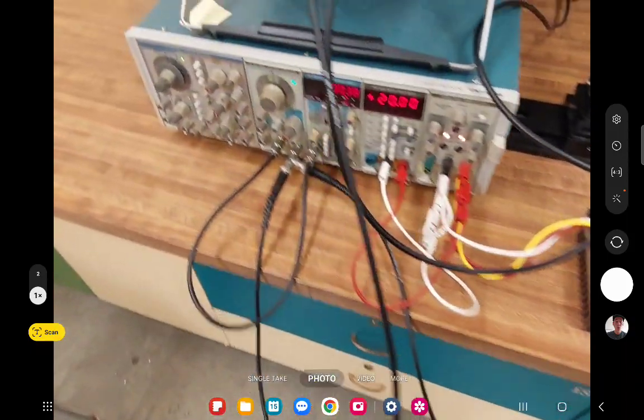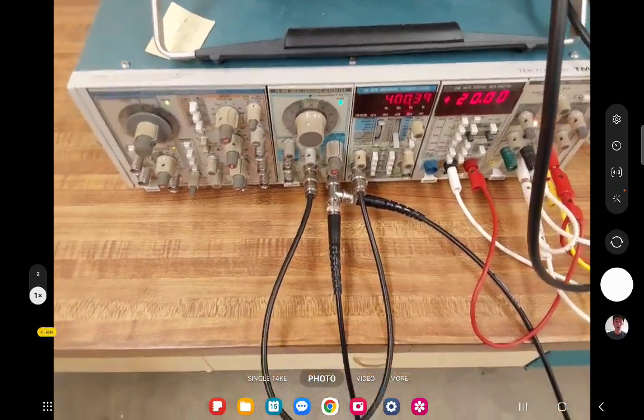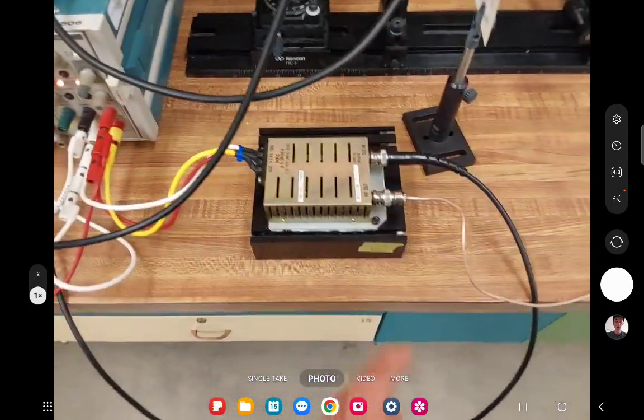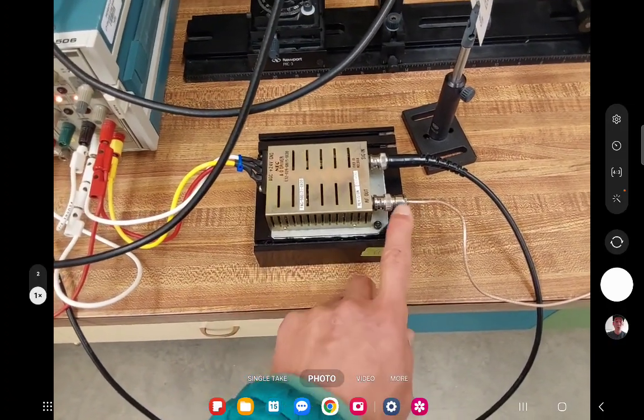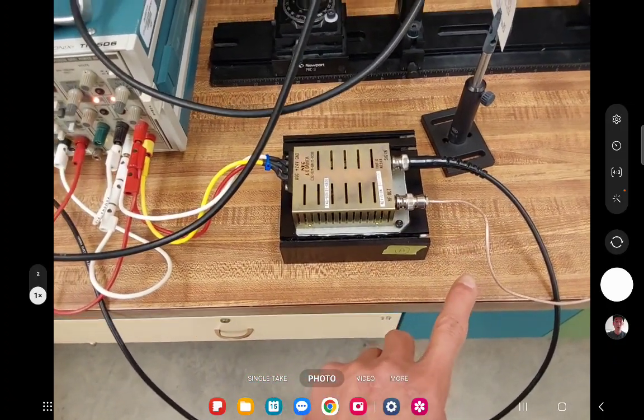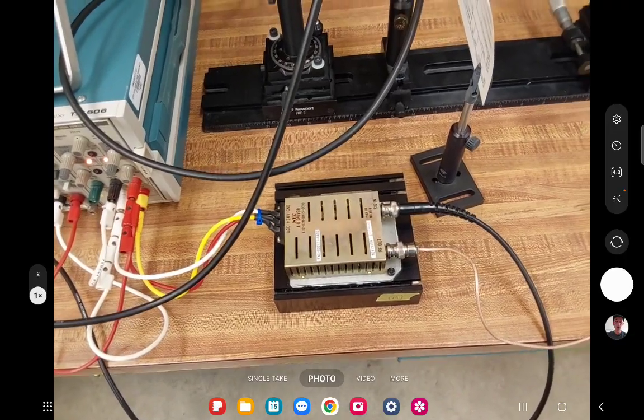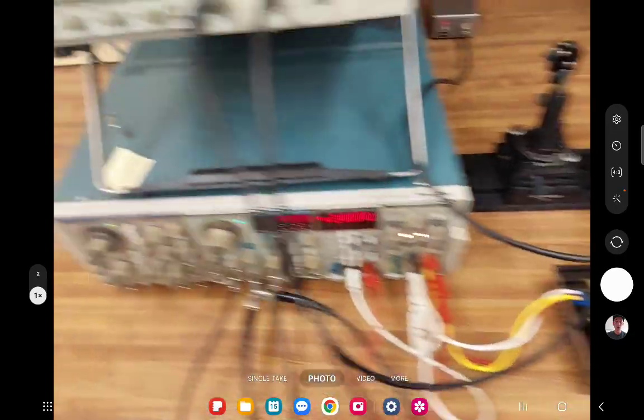And if you'll recall, that square wave is causing this radio frequency generator to output bursts of radio frequency electromagnetic waves.